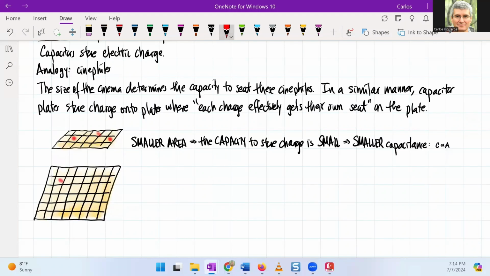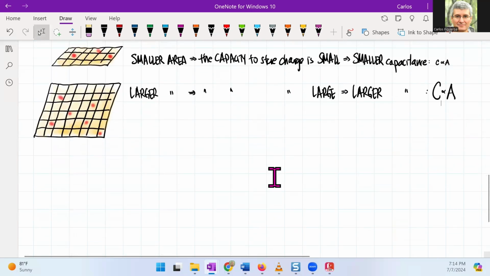So if I start to put them in, you could see that I could come in here and I could place a lot more charge. In other words, if I have a larger area, then the capacitance to store charge is now going to be large. And if it's large, that means I'm going to have a larger capacitance. So I have a larger capacitance because it's directly proportional to the area. And that makes sense, right? So now let's go to the next one.